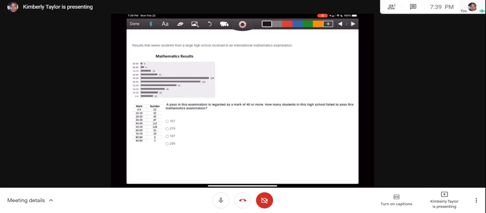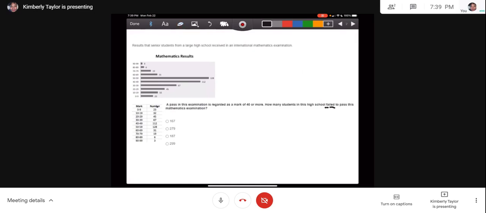Hopefully you can see it because this is kind of small. For us, 40 or more is passing, but they want to know how many people failed the test. So looking at this, we see less than 40.